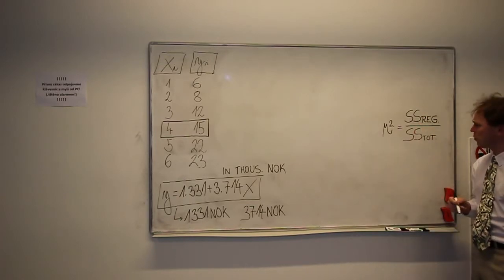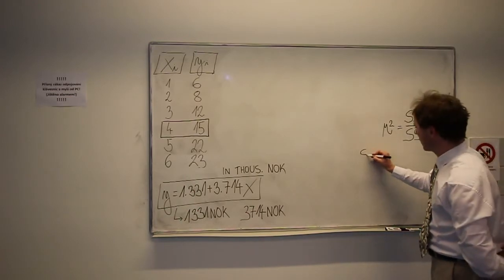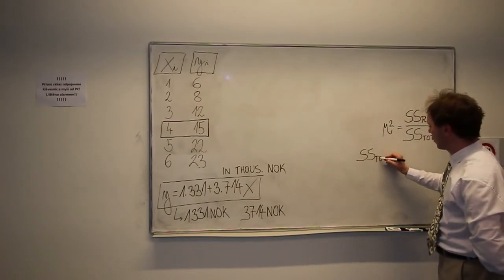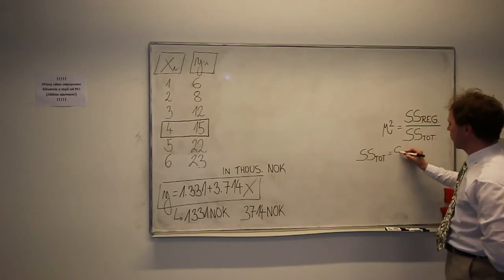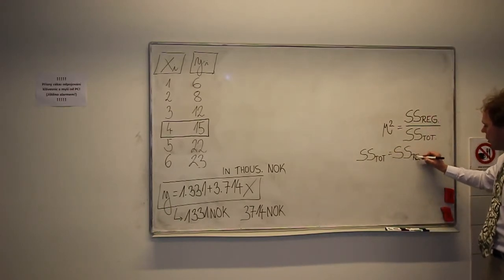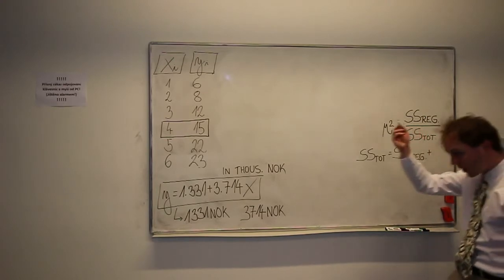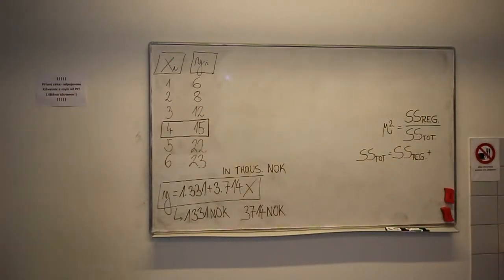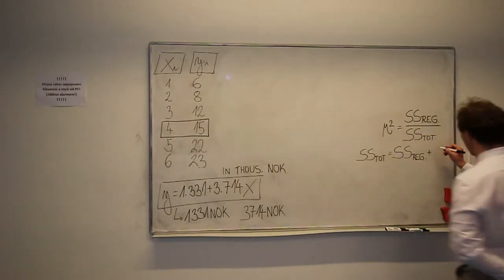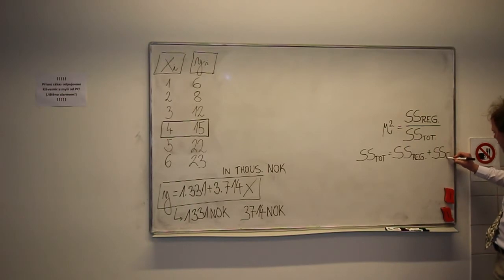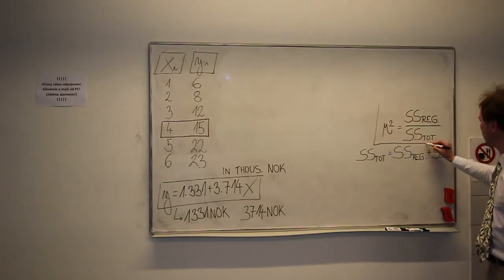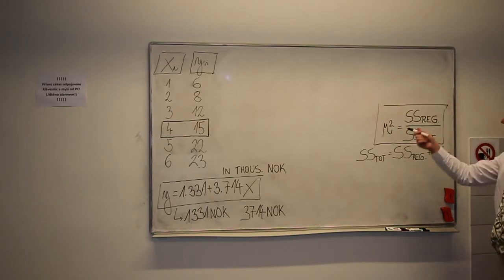And we know that sum of squares total is equal to sum of squares regression plus sum of squares error. So we need to use the formulas for the calculation of sum of squares regression and sum of squares total, calculate these squares and after calculate this ratio.